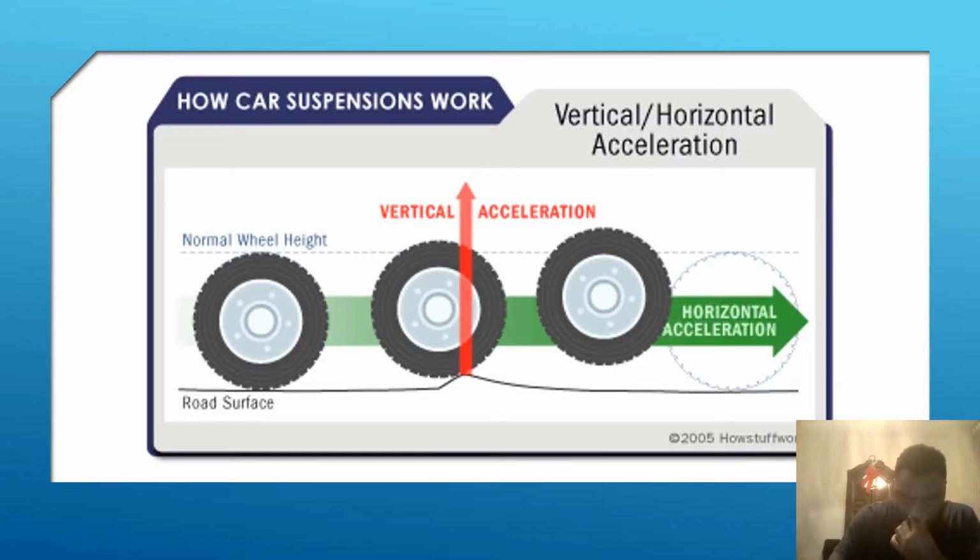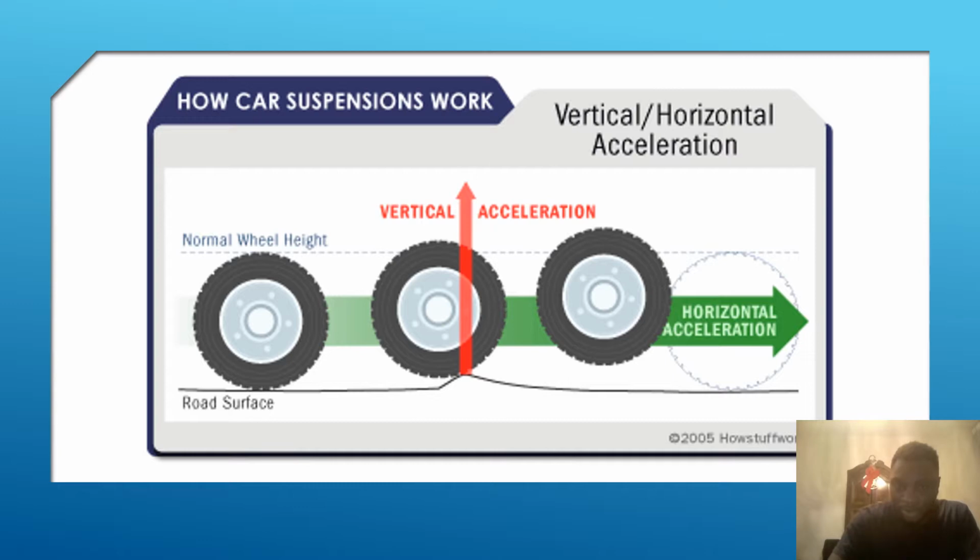So this is what happens when you ride in a car and you face a bump on the road. When your wheel hits a bump, it accelerates vertically, and then you need your wheel to come back down.